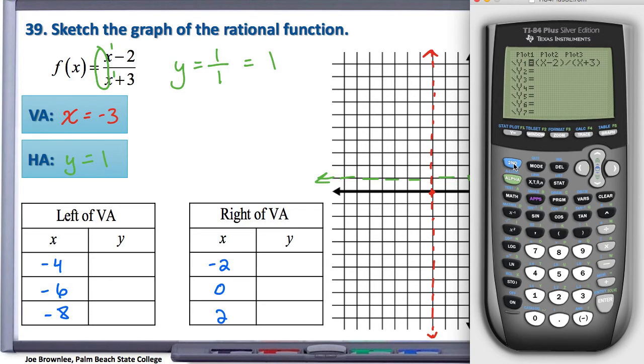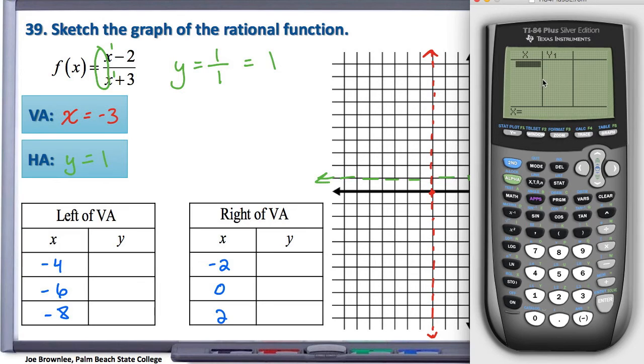Then hit the second button and then table set, because you want to make sure the independent variable is set to ask. We'll set it to ask, and then hit the second button and then table.